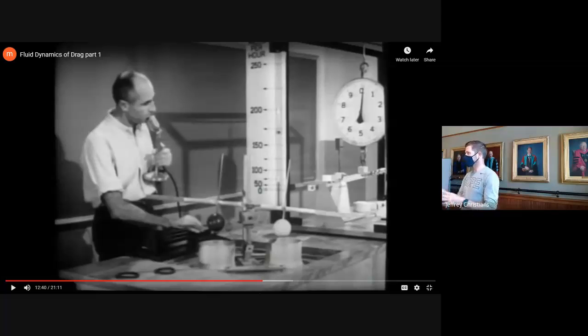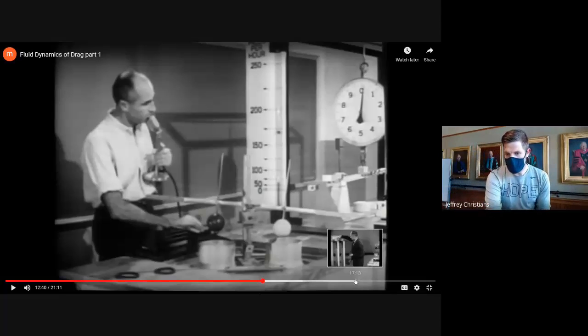So the reason you have a lumpy golf ball is because it has a smaller wake than a smooth golf ball would. With soccer balls, you really have to be careful what the seams look like, and in baseballs too, because those seams, those surface defects, mix the boundary layer and make sure that it doesn't come to a stop and separate from the surface. So it's delaying boundary layer separation. It's giving you more viscous drag, but less pressure drag.